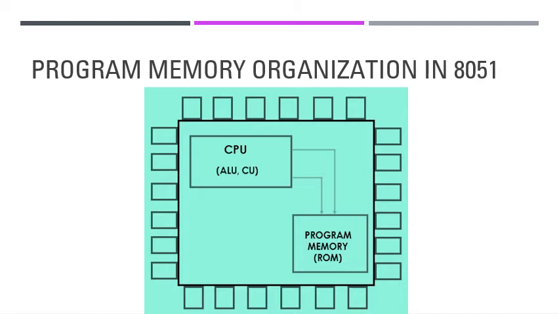Intel 8051 has an internal built-in ROM of 4 kilobytes and can be extended up to 64 kilobytes by using an external program memory. The program memory allocation can be done in two ways depending on the status of the external access pin EA, which is an active low pin, that is, it activates when a low signal is provided.